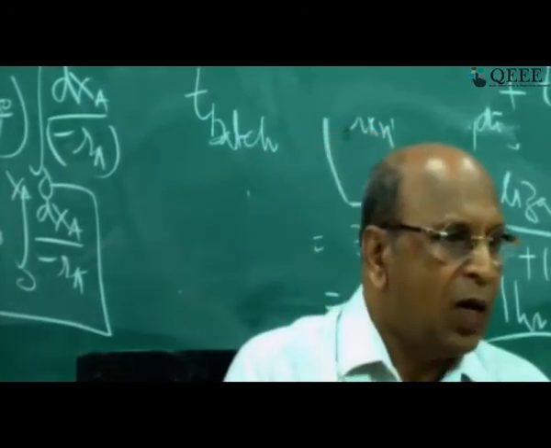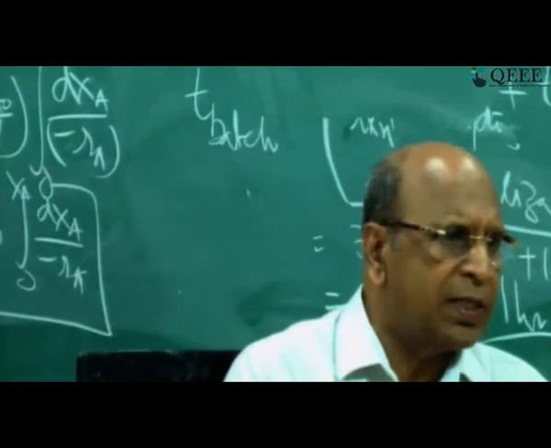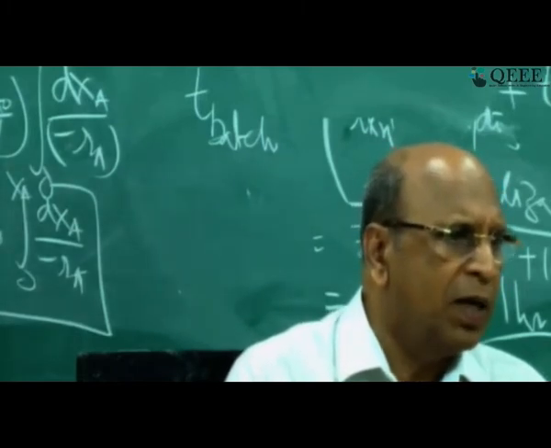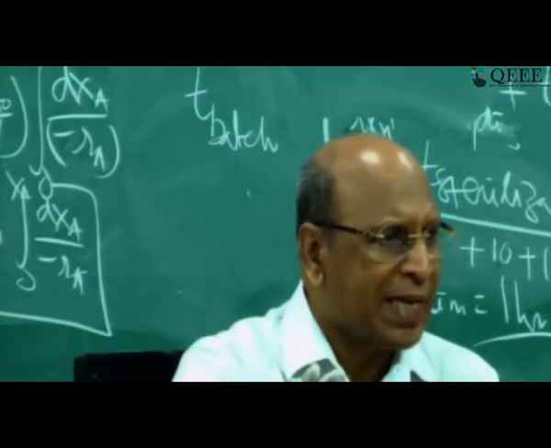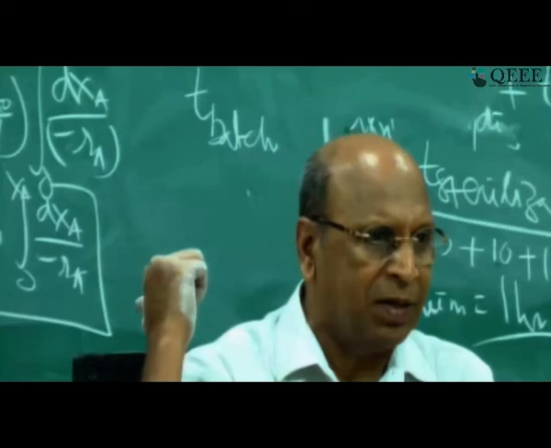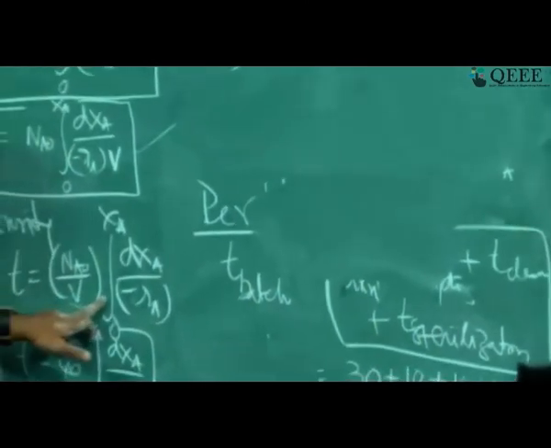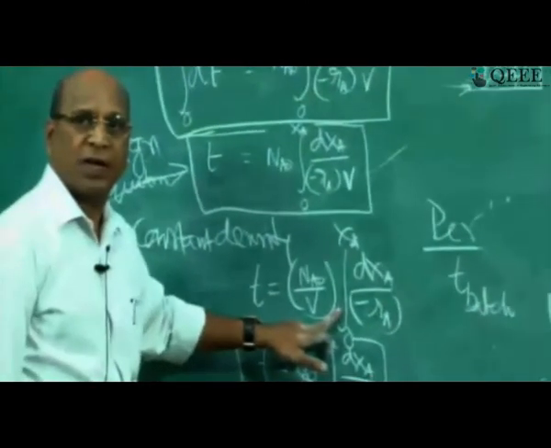Does the condition of ideality remain the same for biochemical reactors or not? Yeah, even for biochemical reactions, the same design expression that we have derived applies. This is the design expression I have derived, right?